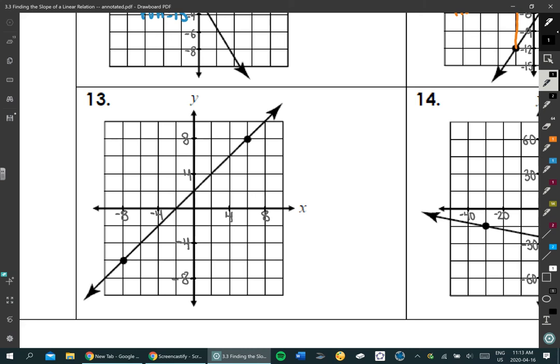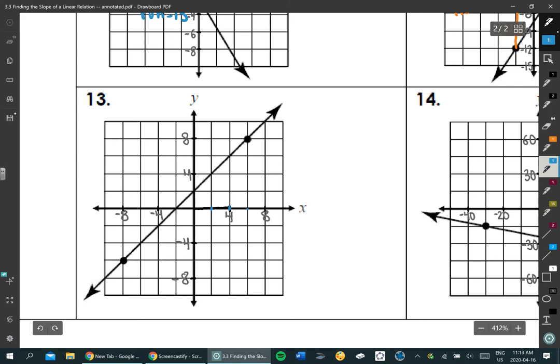So if we see on my x-axis, as I go from 0 to 4, I cross two lines. So if 4 is right here, then this here must be 2. So I must be counting by 2s. Every unit is 2.